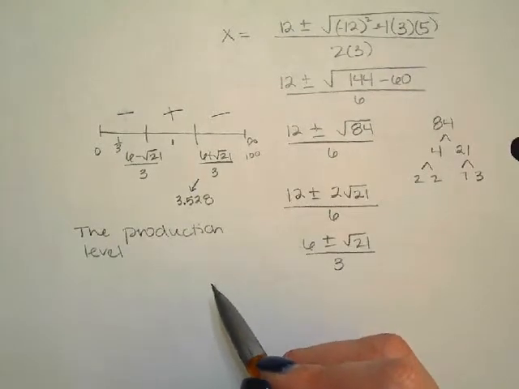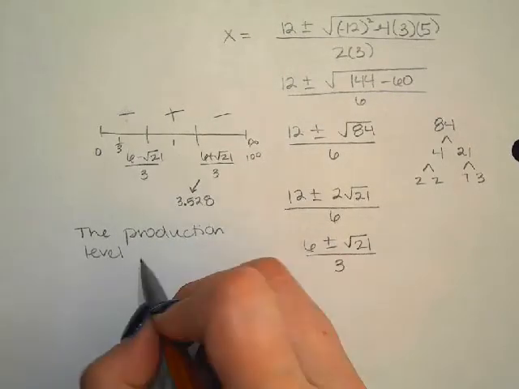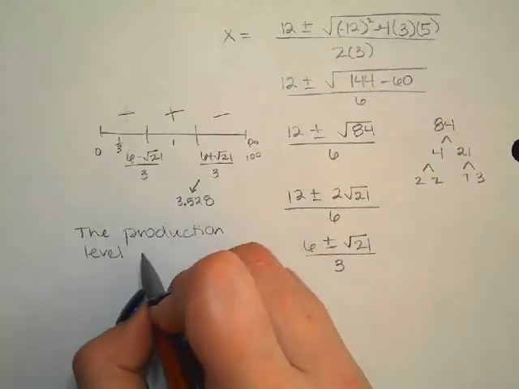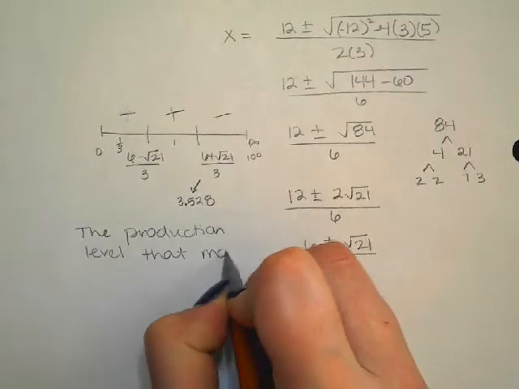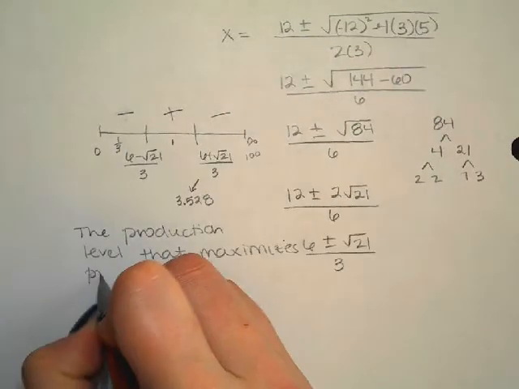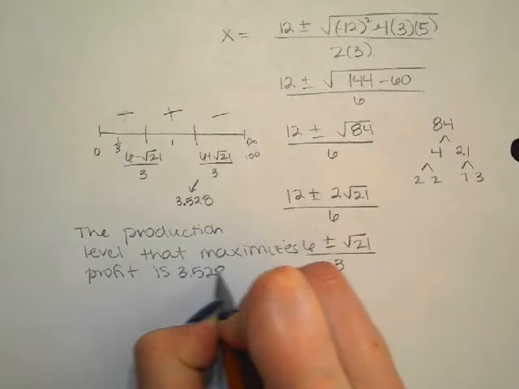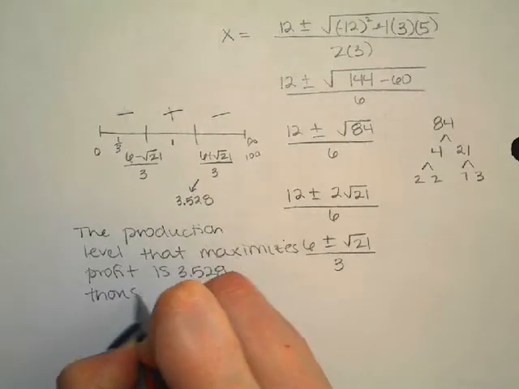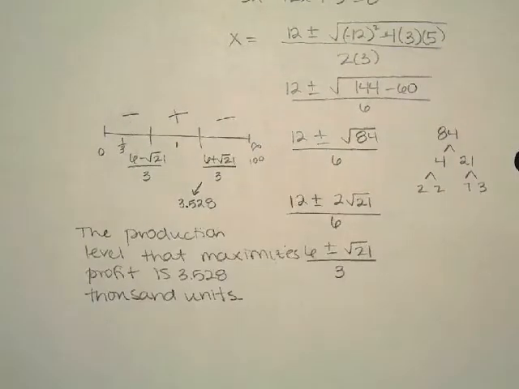The production level that maximizes profit is 3.528 thousand units. Okay. And now, after all of that, you can officially do number 16.